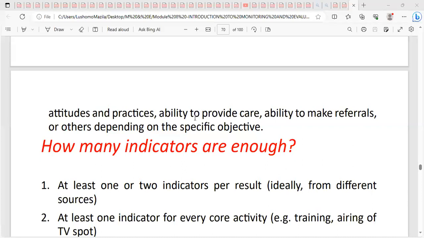We went on to look at the monitoring and evaluation system, where we said it's the totality, the whole process of how the monitoring and the evaluation is supposed to be conducted, and the functions of it.